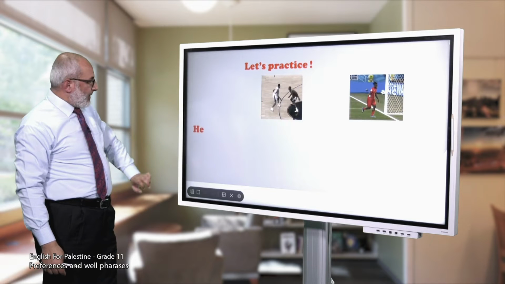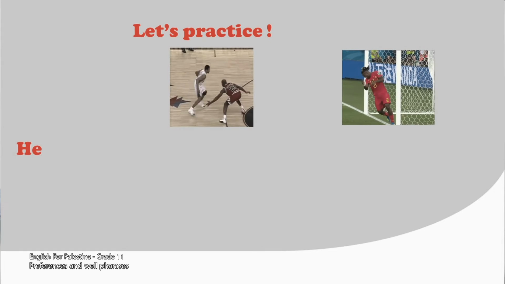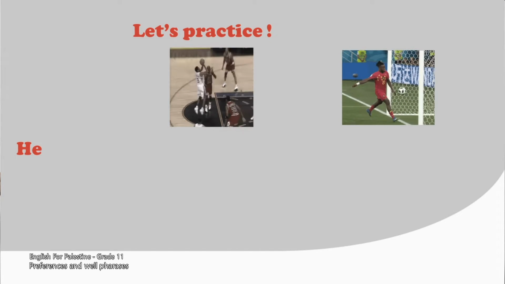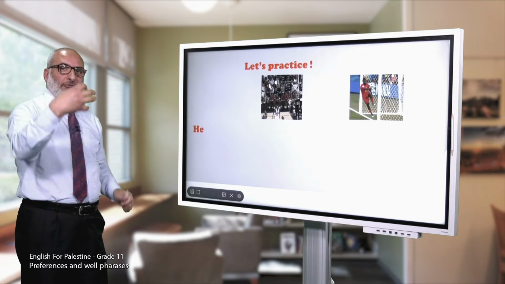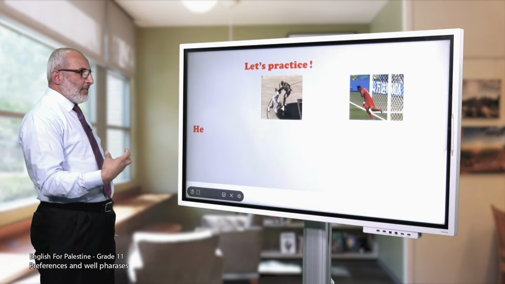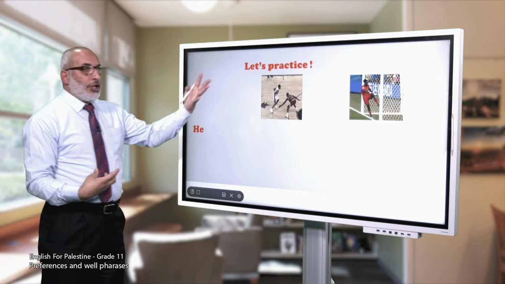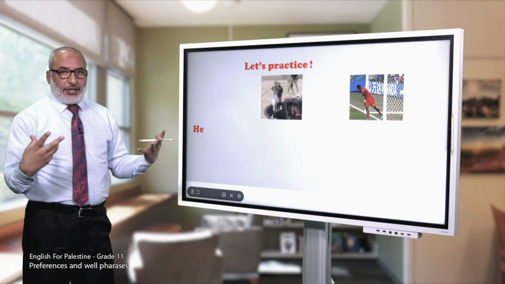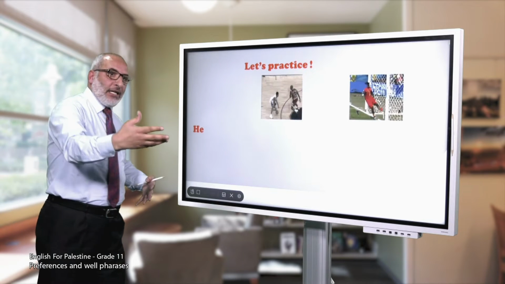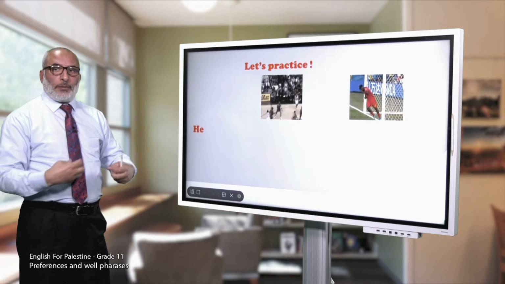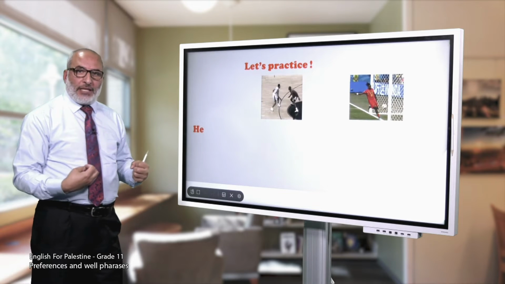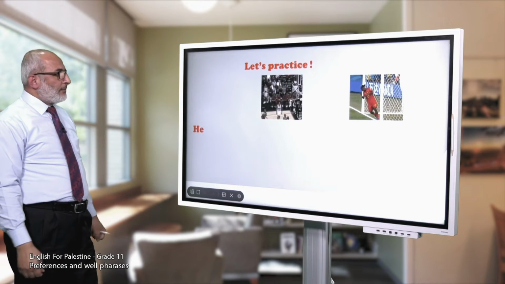Look at these pictures. What do you think? Who can write or say a sentence about these 2 pictures using both structures with the prefer? Prefer plus noun, plus to plus noun, or prefer plus the ing form, plus to plus the ing form.